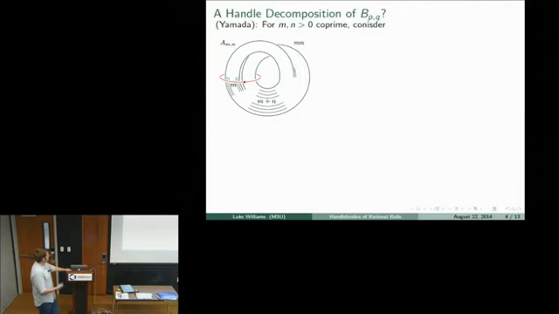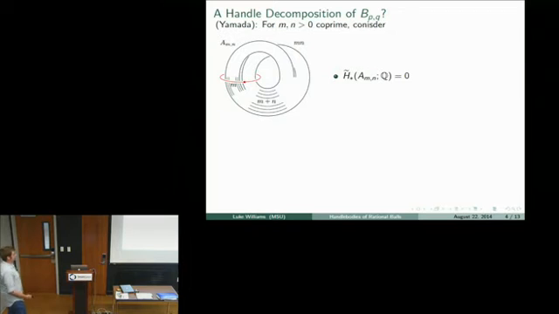And we again attach a single two handle to a one handle along a curve with framing mn, where we run it around the one handle m plus n times. We take m of the strands and run them positively, or right-handedly, over the remaining n strands. And so first of all, it's obvious this is a rational ball.